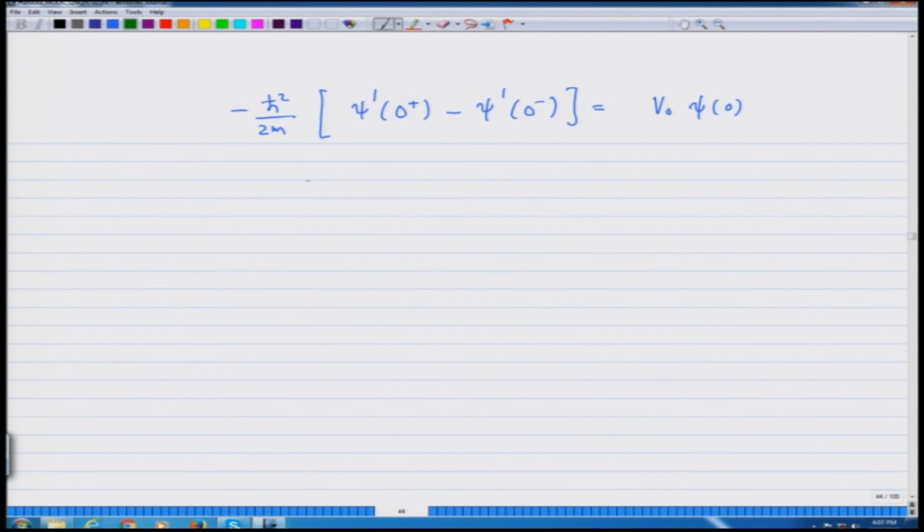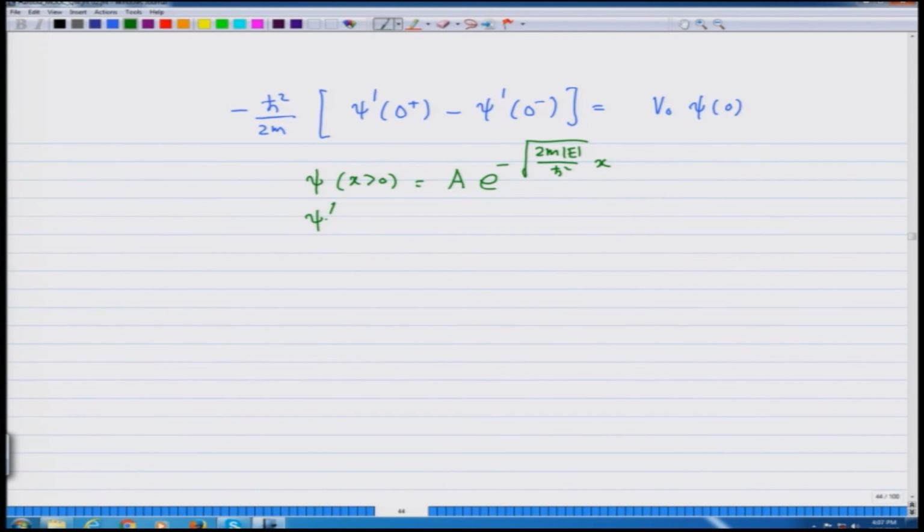Now, psi at x greater than 0 is nothing but e raised to minus square root of 2 m mod e over h cross square x, and therefore, there is a factor a also.